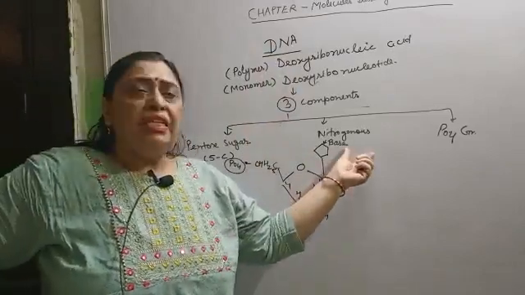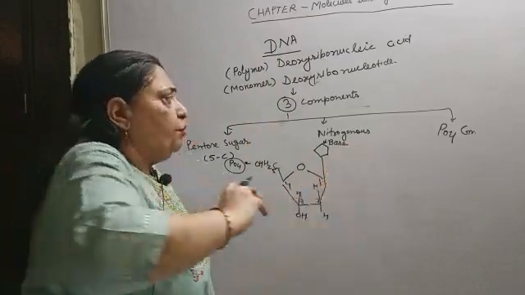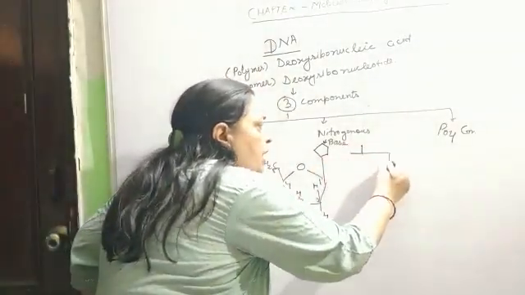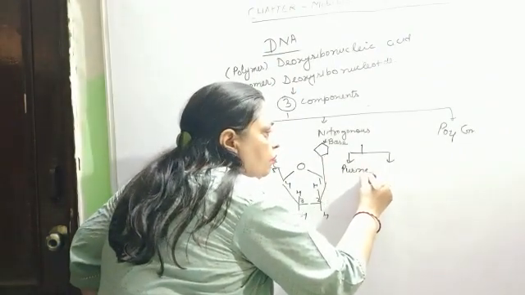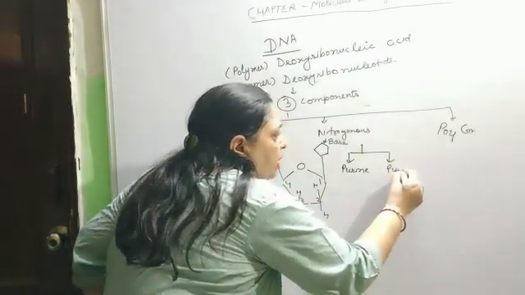Now nitrogenous bases can be of 2 types, that is purine and pyrimidine.